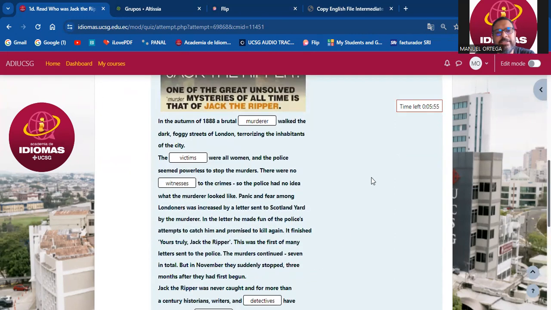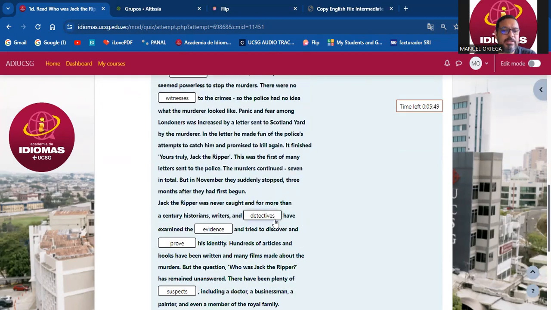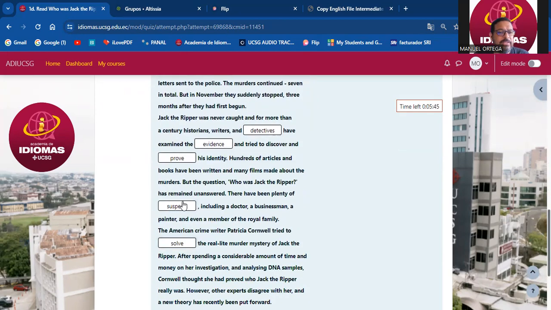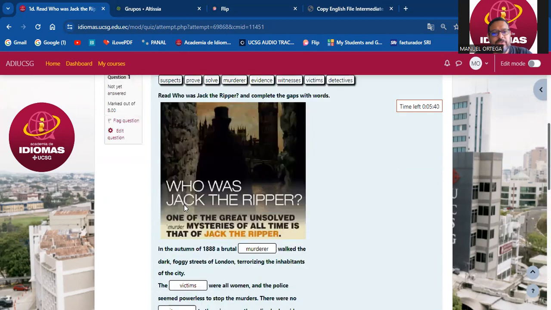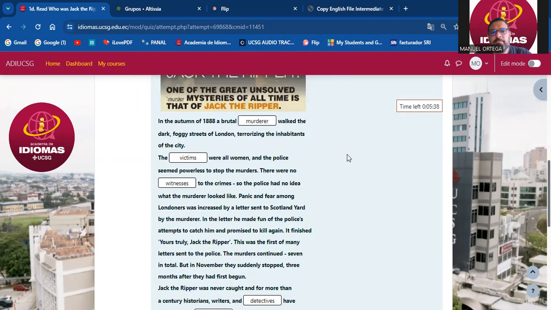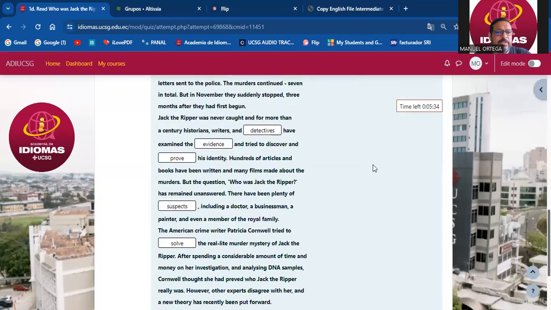So in the spaces, we go in order with murderer, victims, witnesses, detectives, evidence, proof, suspects, and solve. With those words, we complete. Yeah. Take a look. Murderer, victims, witnesses, and on the other part, detectives, evidence, proof, suspects, and solve.